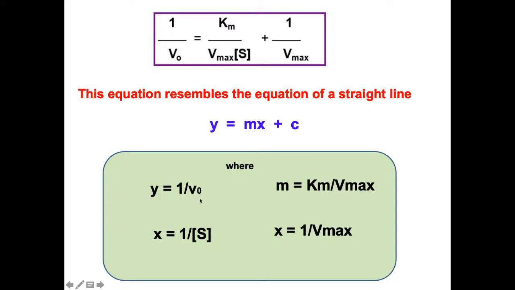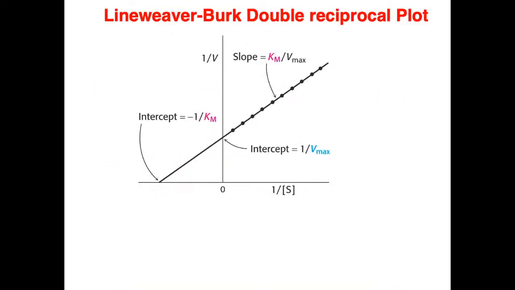So Y is equal to 1 by V naught, m is equal to Km by Vmax, x is equal to 1 by S, and the intercept c is 1 by Vmax. And this we can draw over the graph.